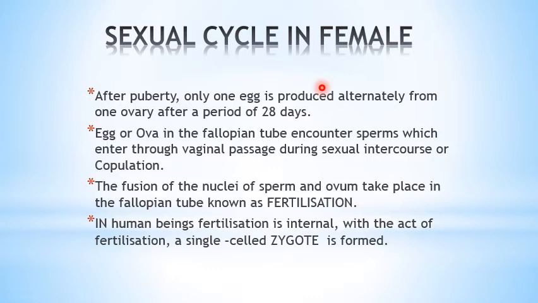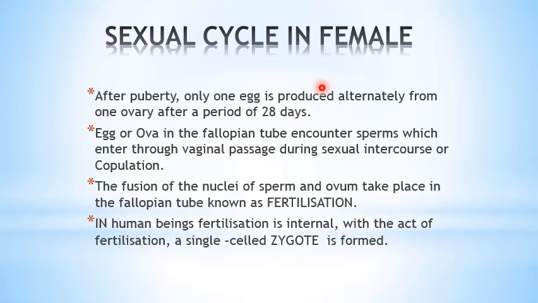When the egg is released from the ovary and passes into the fallopian tube, there are two possibilities. If the egg gets fertilized, then what will happen? And if the egg is not fertilized, then what will happen?